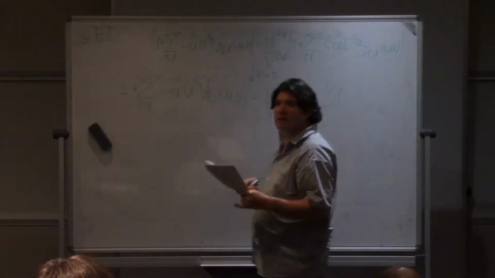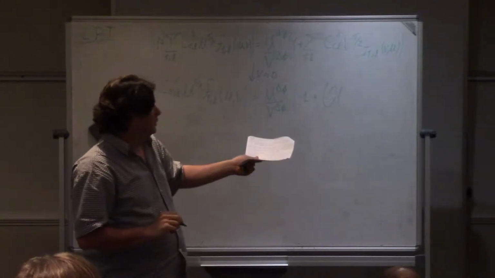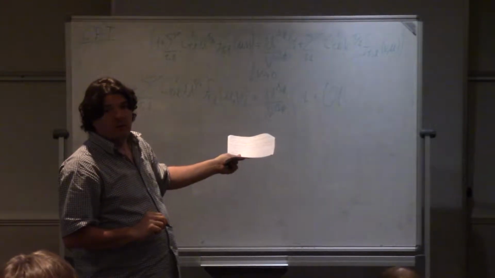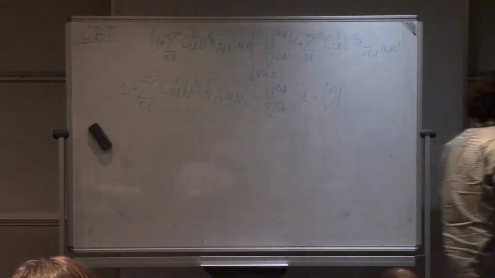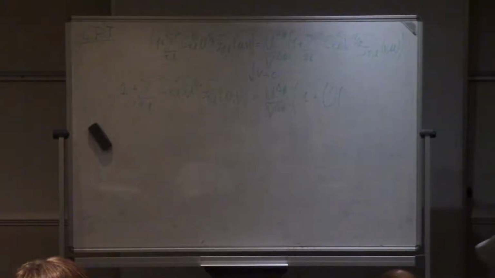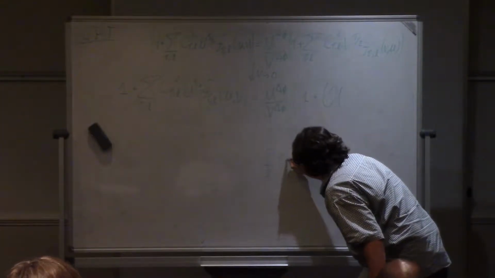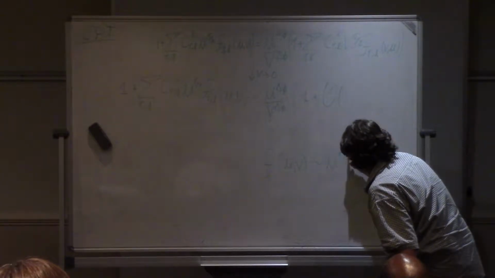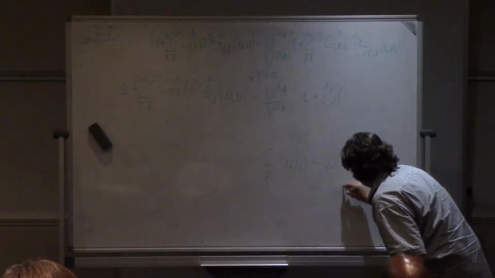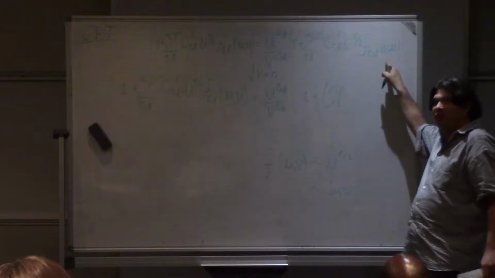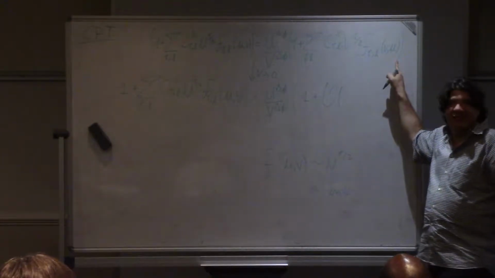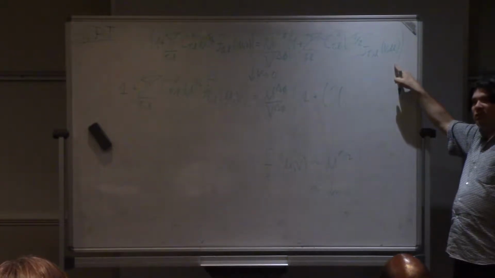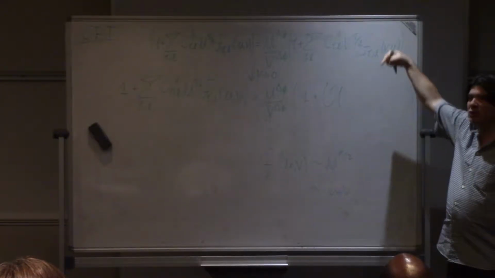Could you explain that in the region where v goes to 0, this F goes as a logarithm? Yes, sorry, let me be clear. So F of u v as u goes to 0 goes like u to the tau over 2, and as v goes to 0 goes like log v. But here we have F of v u, and we are considering the limit in which v goes to 0.